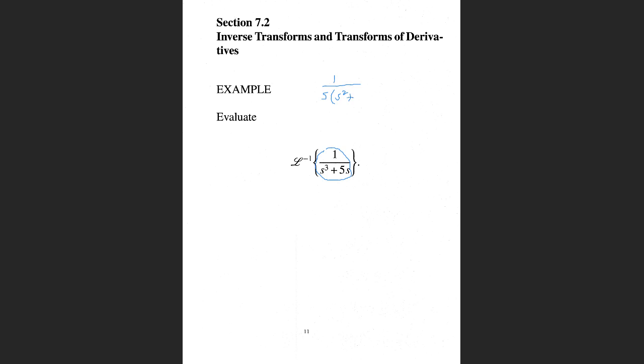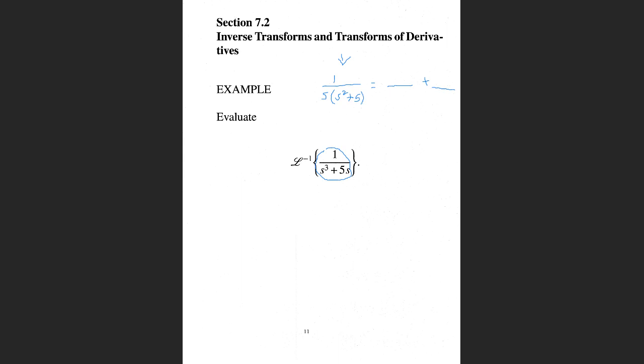But you'll notice in the table of Laplace transforms, I can't really do anything with that function in the form it's in. Can I rewrite that perhaps as the sum of two functions?